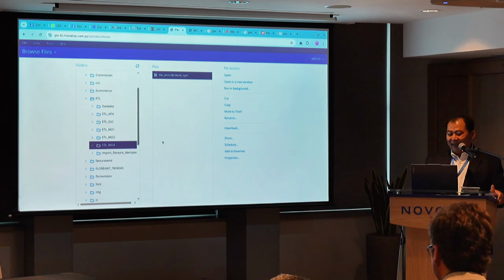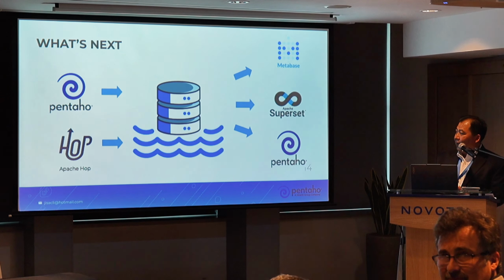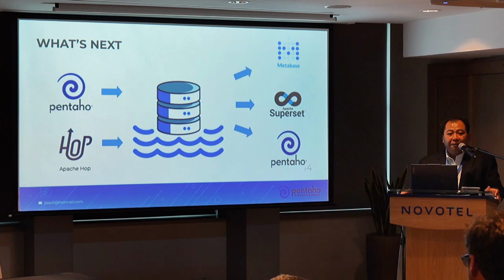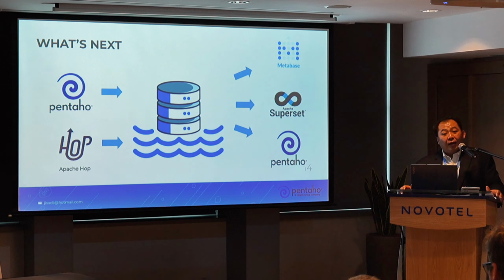I would like to ask if Apache Hop is a fork of the Pentaho server, or a fork of Pentaho Kettle? Pentaho has several tools. Pentaho Kettle is Hop.